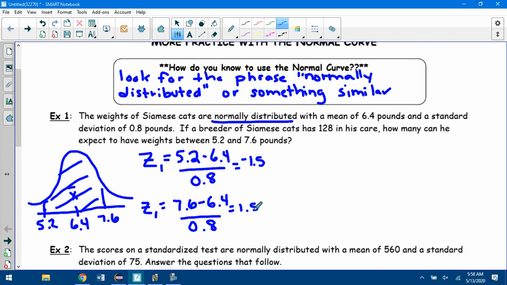Okay, so next I would go to normal CDF. My lower would be my lower z-score of negative 1.5, my upper z-score of 1.5. And as far as you know right now, mean is always 0, standard deviation is always 1.